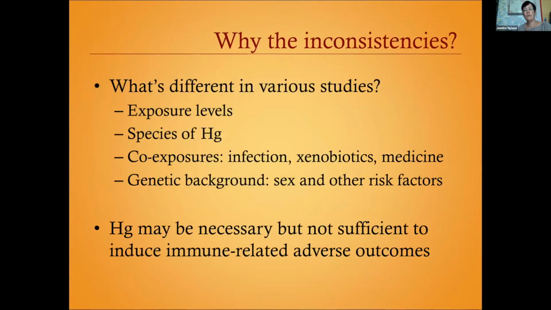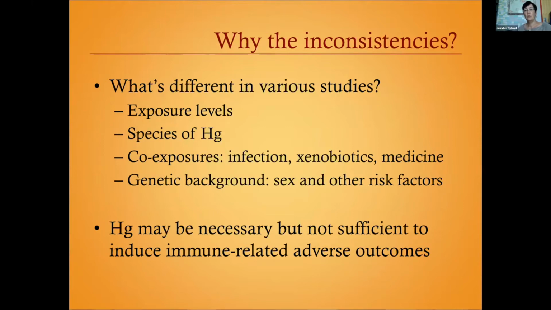And so I just want to come back again to why there might be inconsistencies that we see in the literature in terms of the effects of mercury on disease and autoimmunity. If you look closely, there are very big differences in exposure levels. There are differences in the species of mercury that the different studies are using. So we use an inorganic mercury salt, but what we're exposed to from fish is a methyl version.